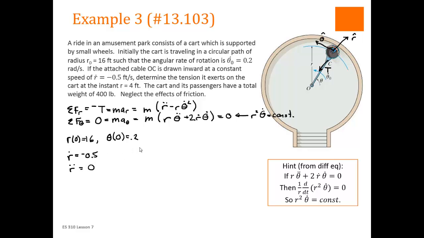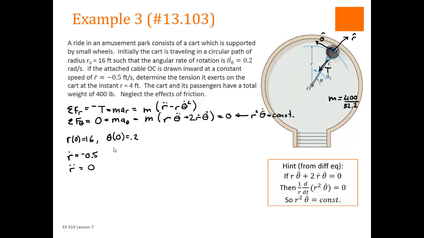And we know our mass, we'll write that here, our mass is given as a weight, so our mass is 400 divided by 32.2. Okay, so if we know r dot, we need to find r.